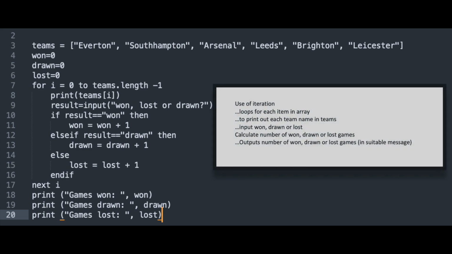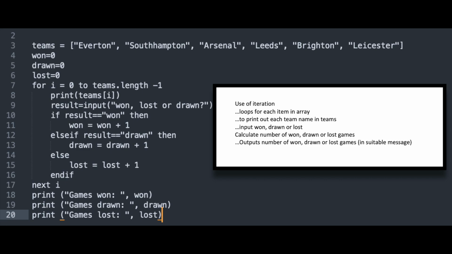Let's now look at the marks breakdown for this question. It's worth 6 marks in total. If we use iteration, in this case our for loop, 1 mark. If we iterate through all of the elements in the array, another mark. Printing out each of the team names, another mark.